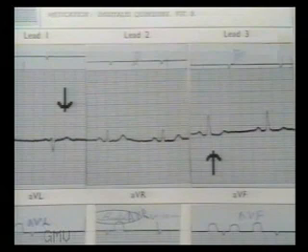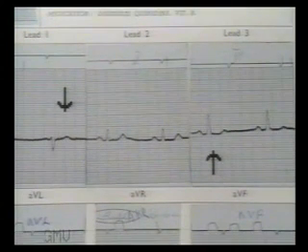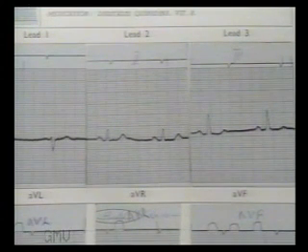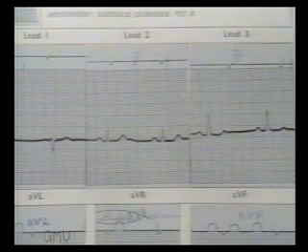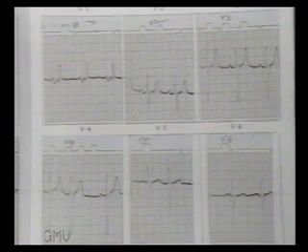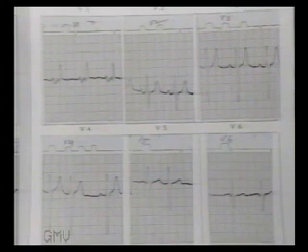Coming to limb leads, negative QRS in lead 1 and positive QRS in lead 3 denotes right axis deviation, and P wave in lead 2 is broad, suggesting left atrial hypertrophy. This ECG shows a prominent R wave in V1 and deep S wave in V6, that is a change in the QRS pattern.